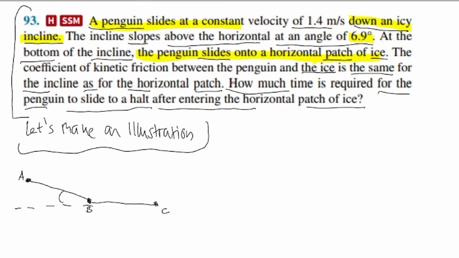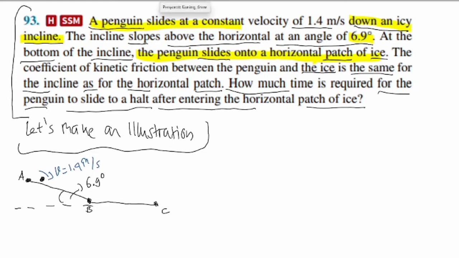Okay, we write this 6.9 degrees, and we can say a penguin is like a point that slides at constant velocity, with velocity 1.4 meters per second in units.